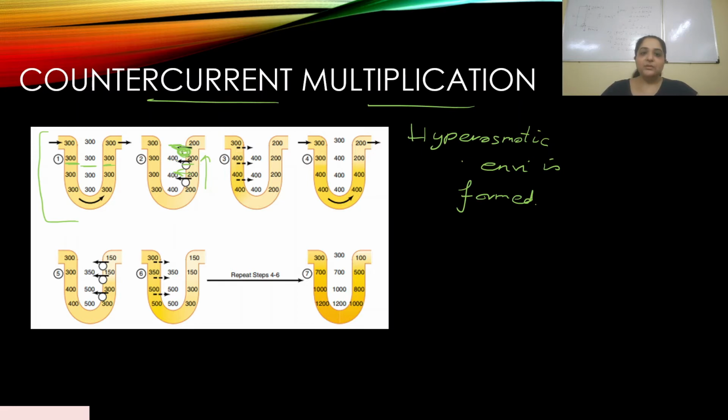So these salts move out into that interstitial medulla region. Once these salts move out, this osmolarity will decrease, whereas this osmolarity will increase to 400. Now 300 has become 400 and 300 has dropped down to 200 over here.